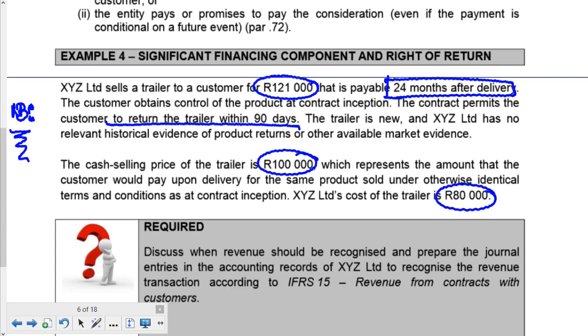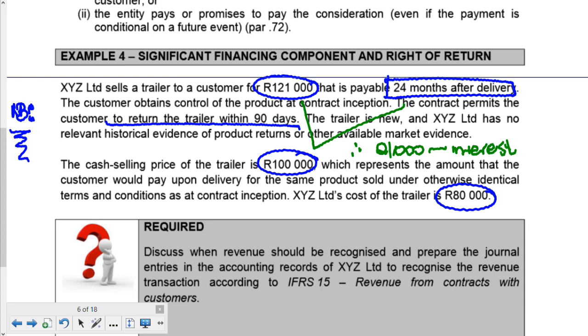Okay, so the first thing that we identify is that we've got this 24-month story. This 24-month story has meant that instead of paying 100,000 Rand, the customer is going to pay 121,000 Rand. Do you agree? So do you agree, therefore, that the 21,000 Rand is actually interest?